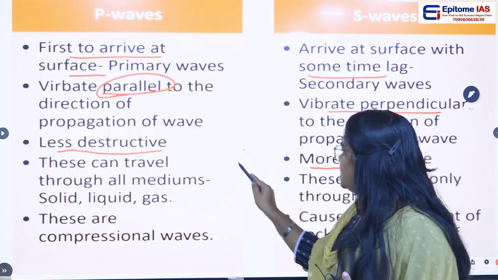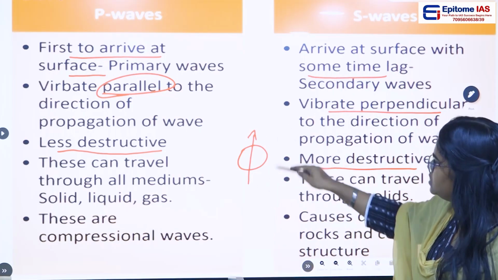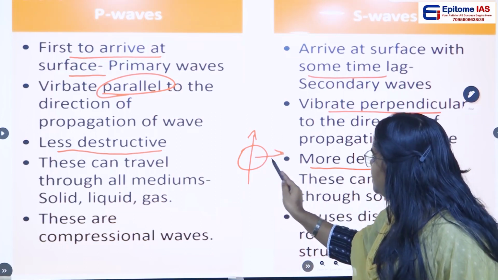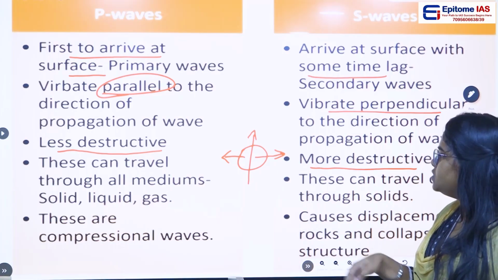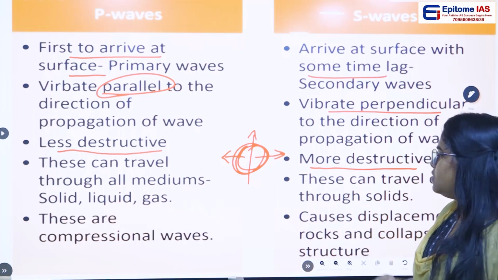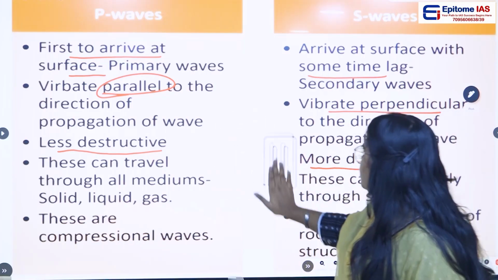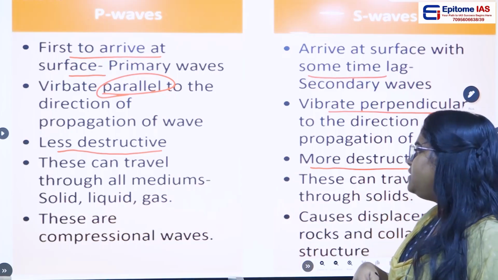Let's say a secondary wave is passing through a rock. The force is applied perpendicular to the direction of the wave, so this rock will be disturbed. So the destruction is more in secondary waves compared to primary waves.